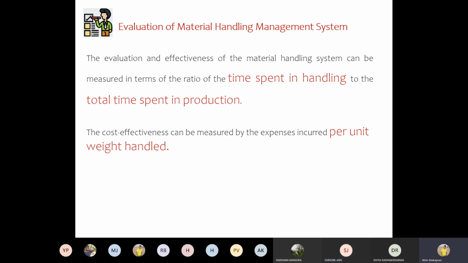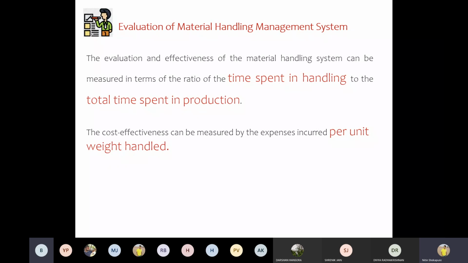Now, the evaluation and effectiveness of the material handling system can be measured in terms of a ratio, as I told you: time spent in handling to the total time spent in production. Okay, because what is going to happen when production starts? Take an example of pizza delivery.